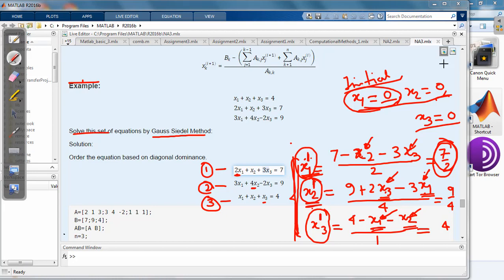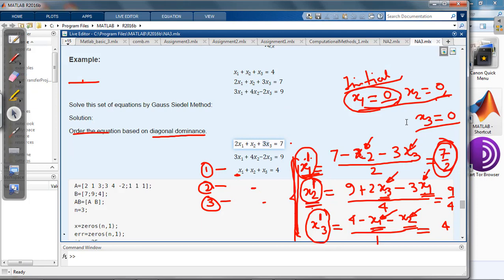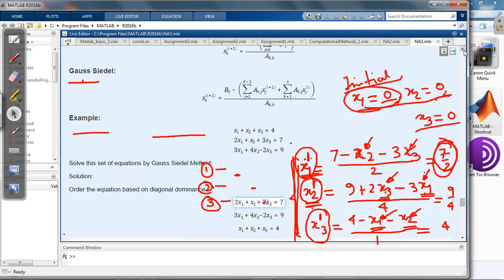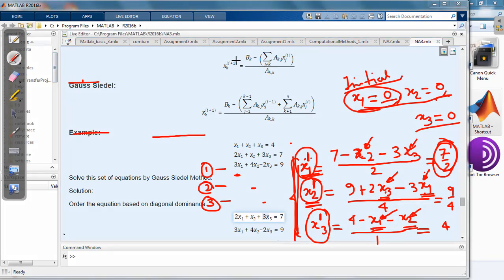So here you see in the formula, in case of Jacobi's method, when you are finding xk of the (i+1)th iteration, all the x values that you are using are of the previous iteration, that means the ith iteration.